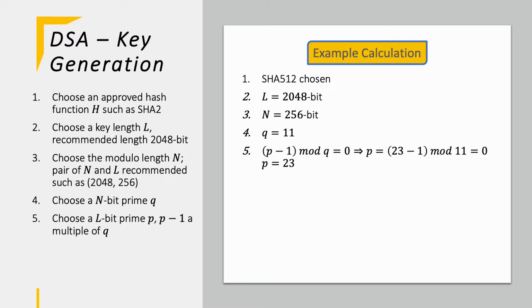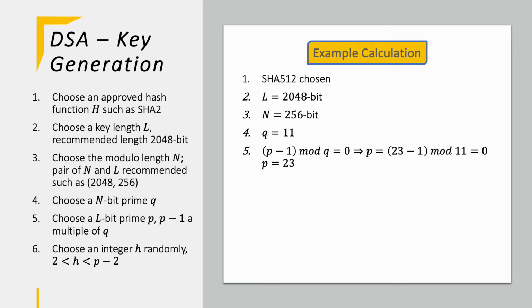We plug in the number 23, the preferred number I want to use as the prime P, and to verify and validate it we run the numbers: 23 minus 1, which is 22, modulo 11. 22 modulo 11 is 0, which means P as 23 works just fine.